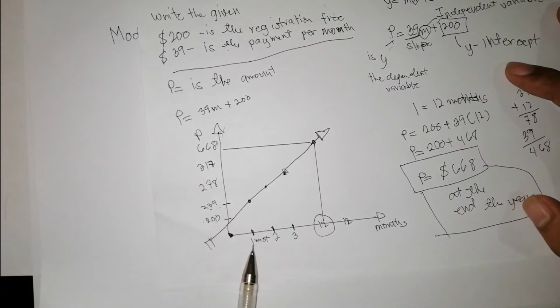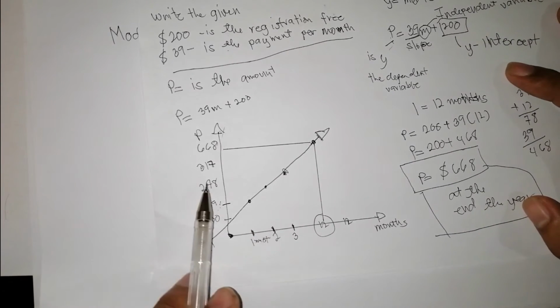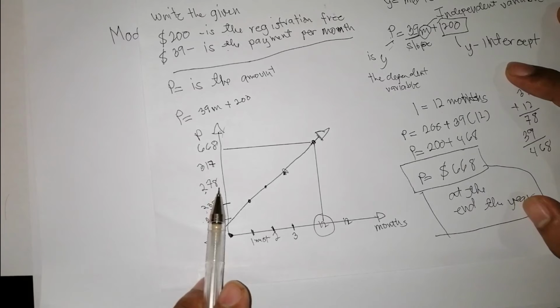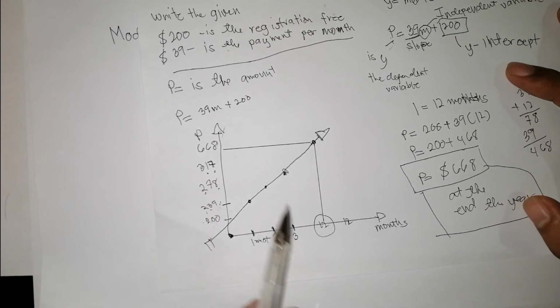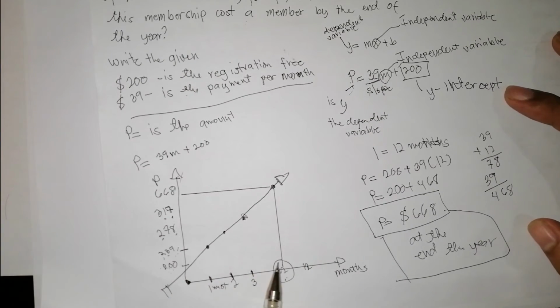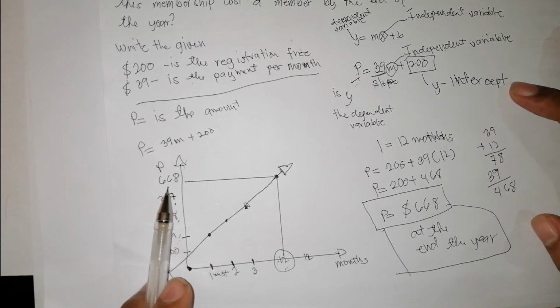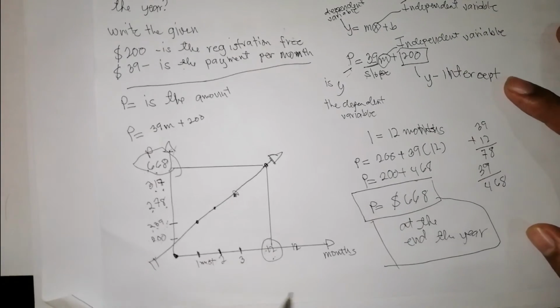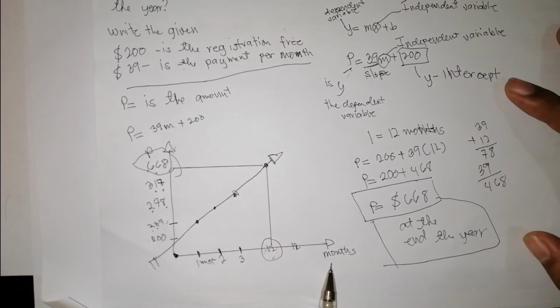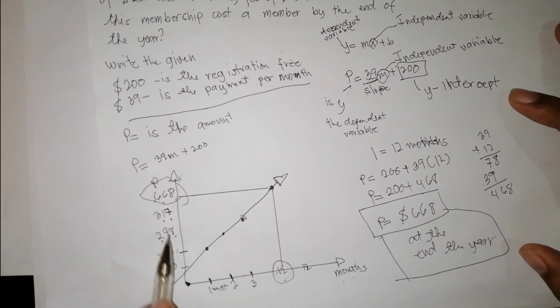Then the first month is 239, second month 278, third month 317, and the 12 months that we were looking for is $668. Here is the number of months, here is the number of payments.